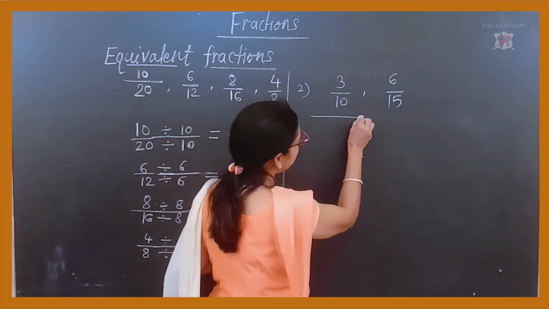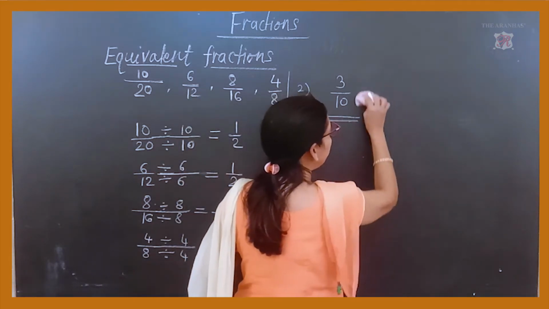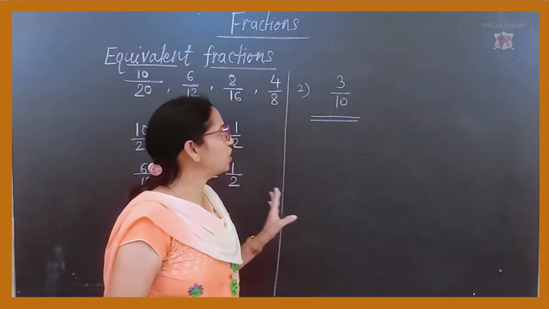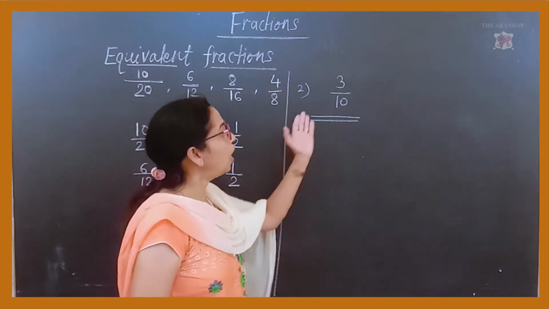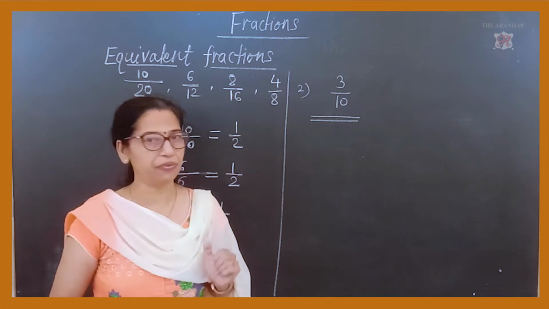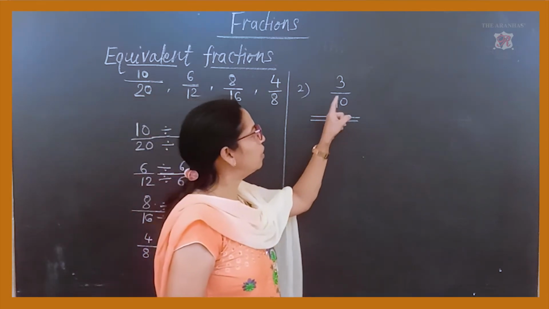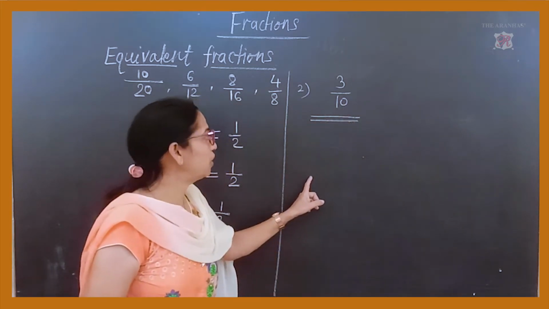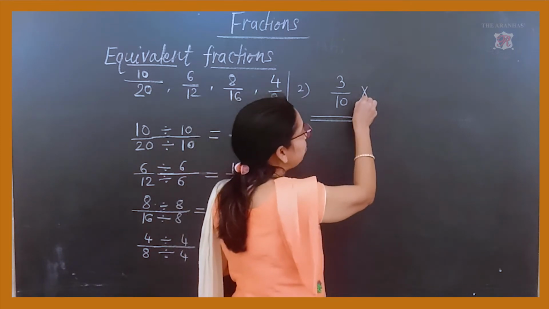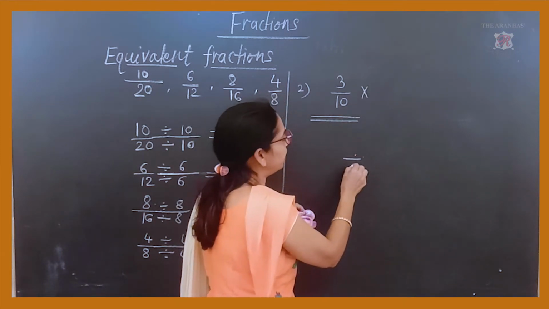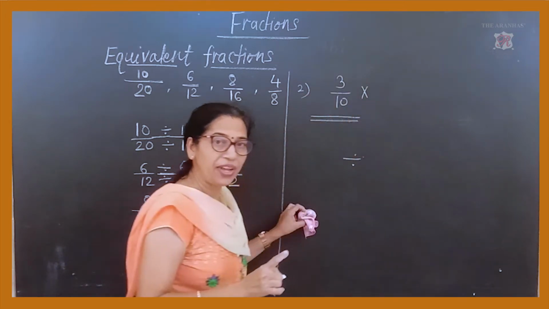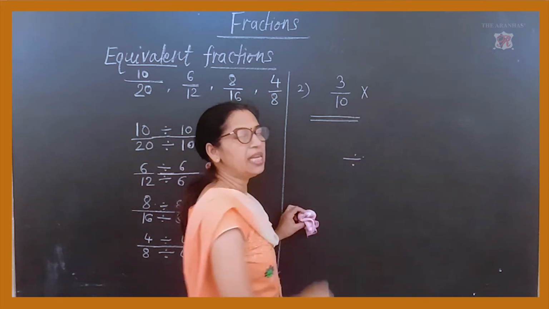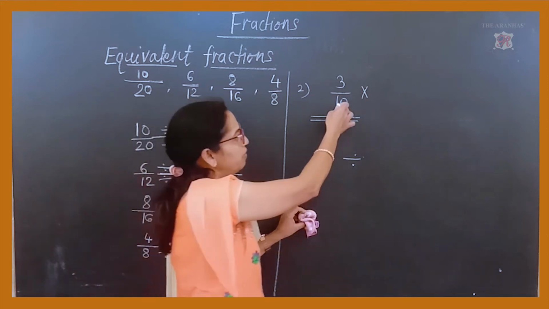Now suppose this 3 by 10, what will be the equivalent fraction for this 3 by 10? If there is a question like this, you have to see how we can find the equivalent fraction. To find the equivalent fraction for the given fraction, we have one method: you either multiply or divide the given fraction by any one number, so that you can write an equivalent fraction.